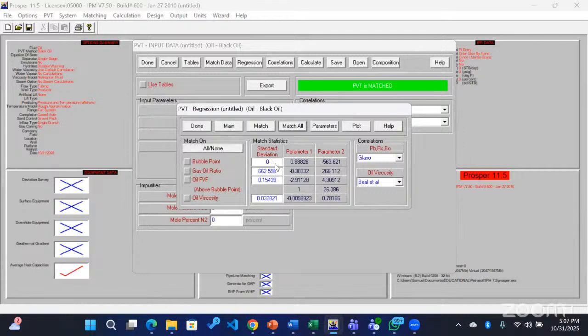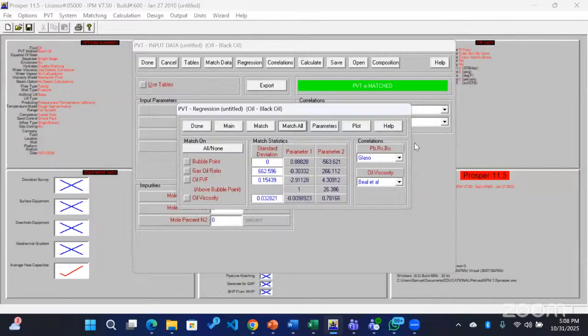So now the standard deviation is very, very important here. Standard deviation around 0 is very, very good for our correlation, which means Glaso is very, very good here. The Glaso GOR, I think there's an issue there, which we're not going to look at that much. Then oil formation volume factor, this is still a good number.